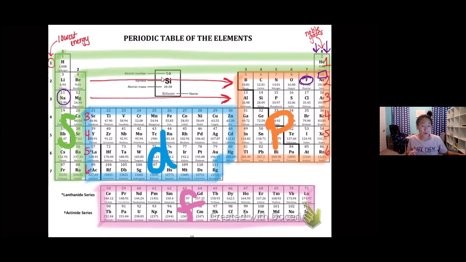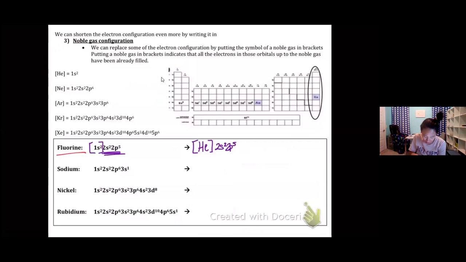Neon is located in level 2 in the p house, right? So that means that all the electron configuration up to 2p is going to be replaced by neon. So right here, we're going to write neon in brackets, and all of this is going to get replaced by neon.